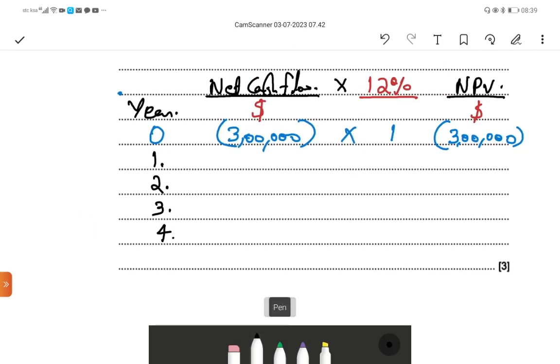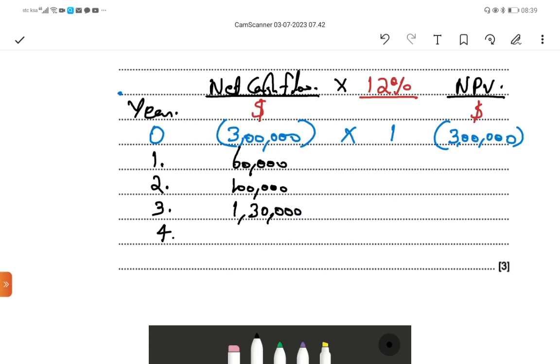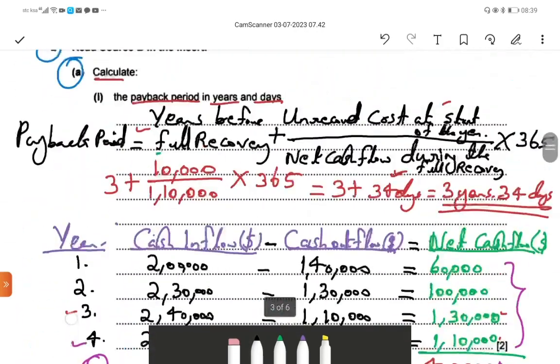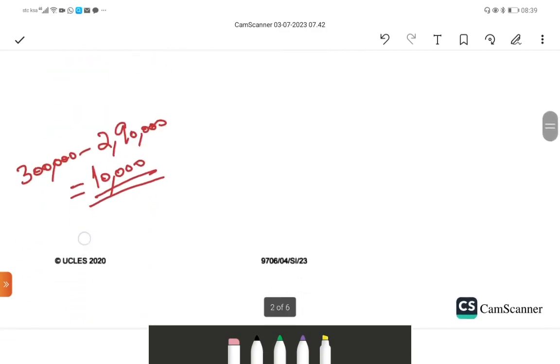So the net cash flow is 60,000, 100,000, 130,000, 110,000. The 12% discount factor is given here for year 1, 2, 3, 4.